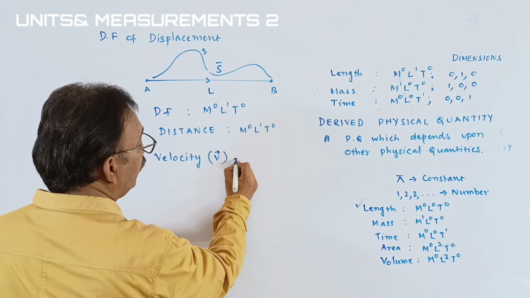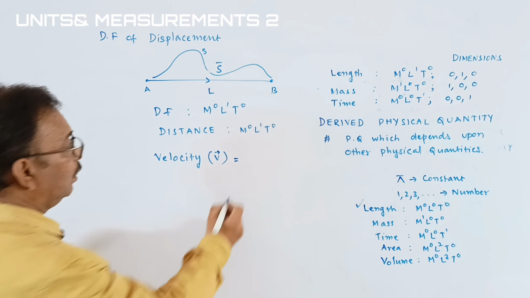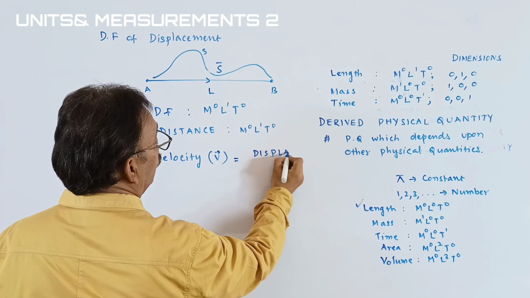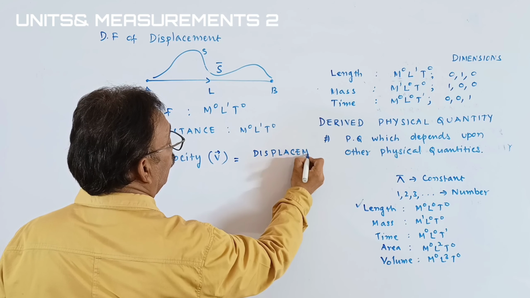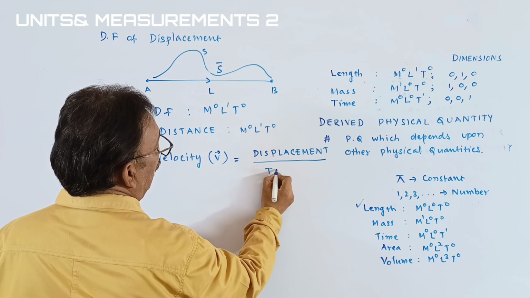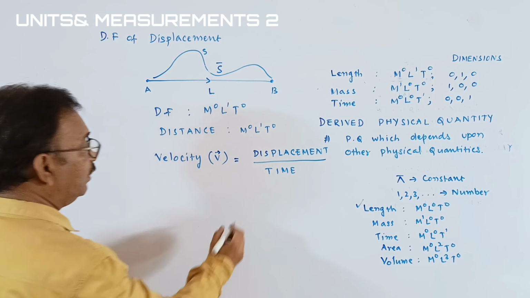How can we define velocity? Rate of displacement, which means displacement upon time.